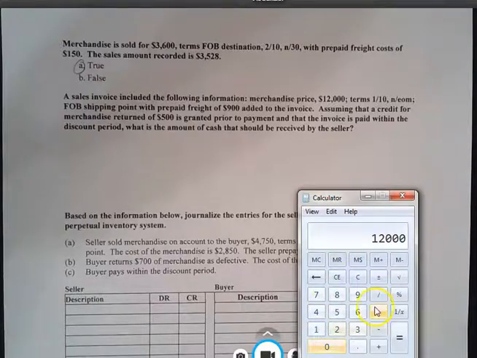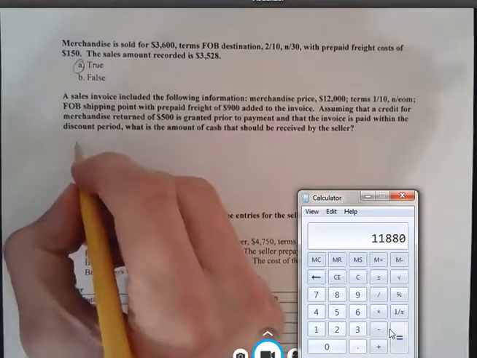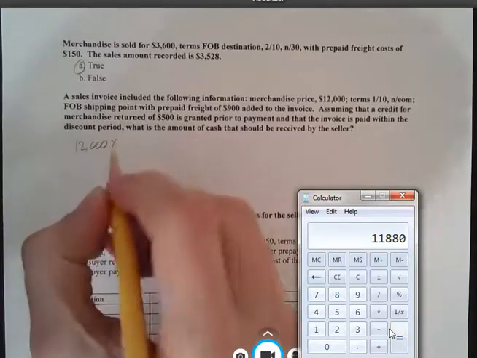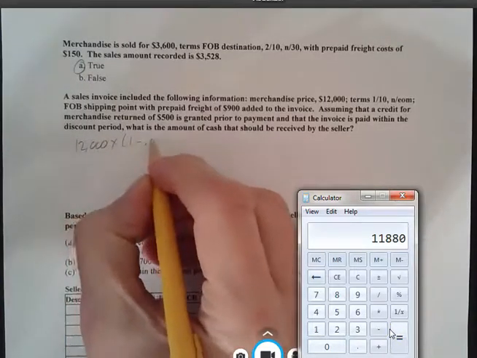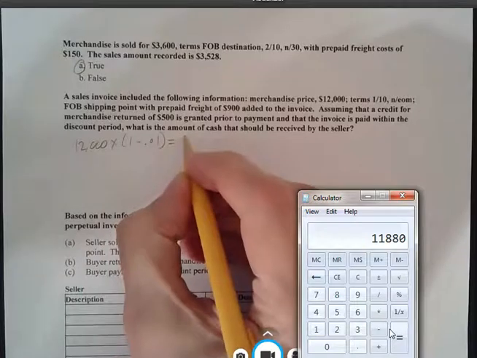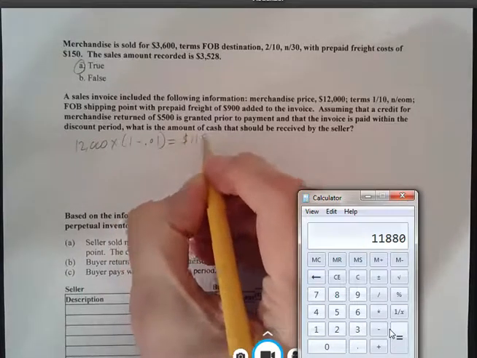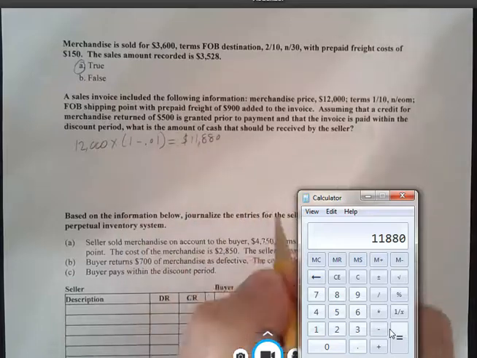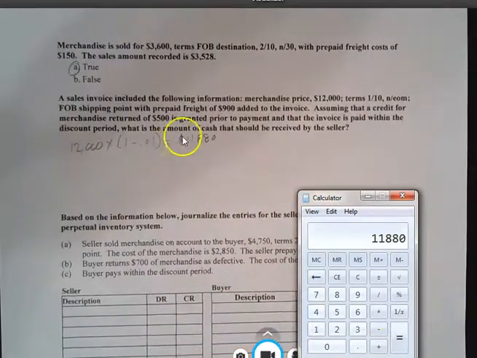Instead, we're going to multiply 12,000 times 1 minus the discount rate of 0.01, which means 0.99, and that's going to give us 11,880.